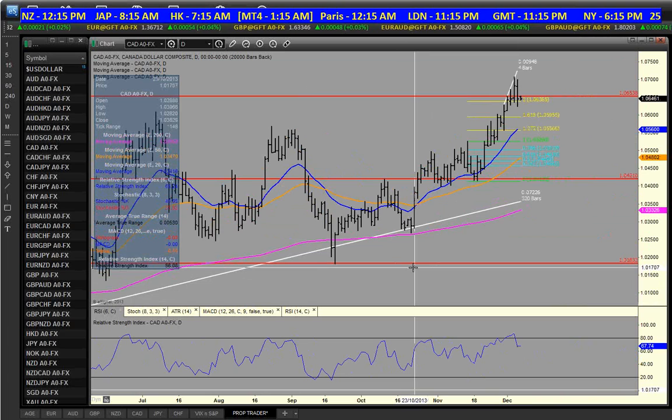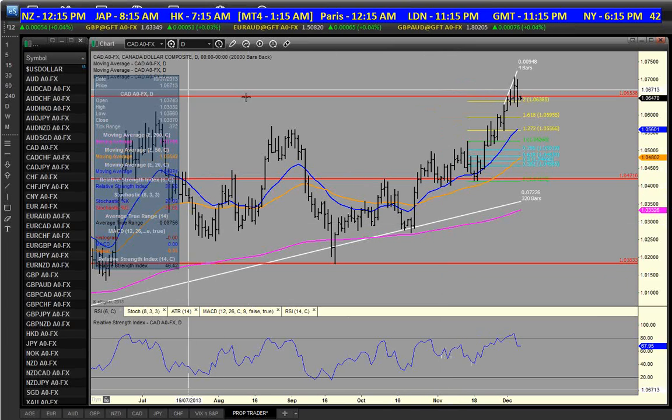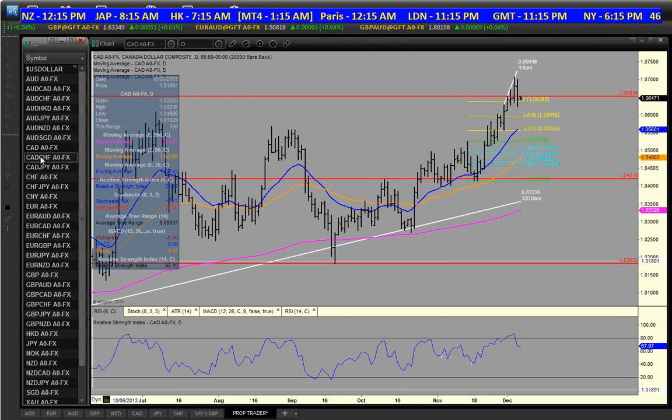Yes, it's a ring high, and yes, it's overdone, but yeah. Without the divergence, I'd be unwilling to take it, and you've got non-farm payrolls tonight, so I'd be leaving it alone.